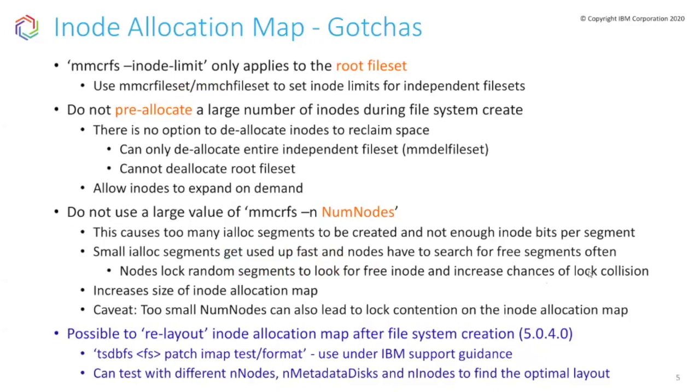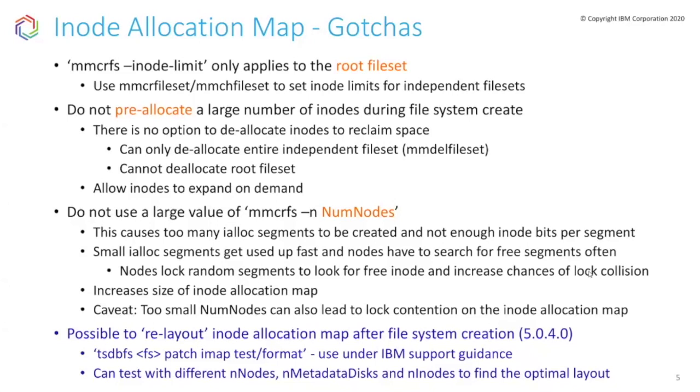case. Also, another best practice is that you don't pre-allocate a large number of inodes during file system creation or at any other time. It's possible to pre-allocate inodes or change the number of inodes currently available using mmcrfs and mmchfs and the corresponding file set commands.